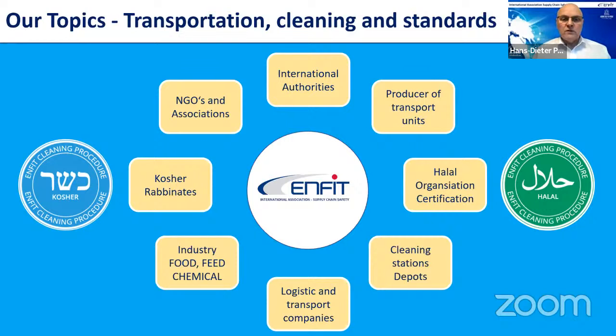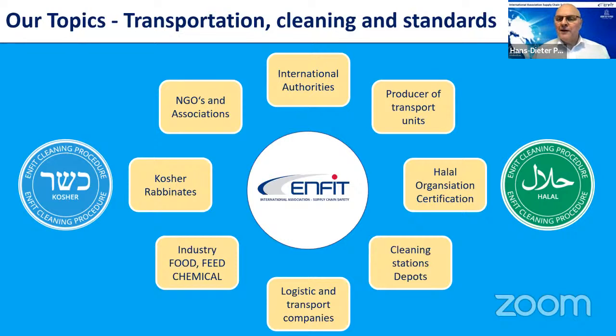We are talking with the industry for food, feed, and chemicals. Today I'm more focused on the food sector. Of course, I know that most of you are interested or working in the food industry, but as an association we also deal with questions of feed hygiene, and also chemical transport and chemical safety.